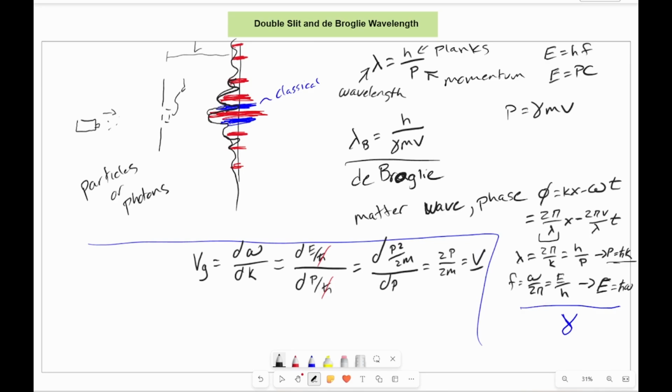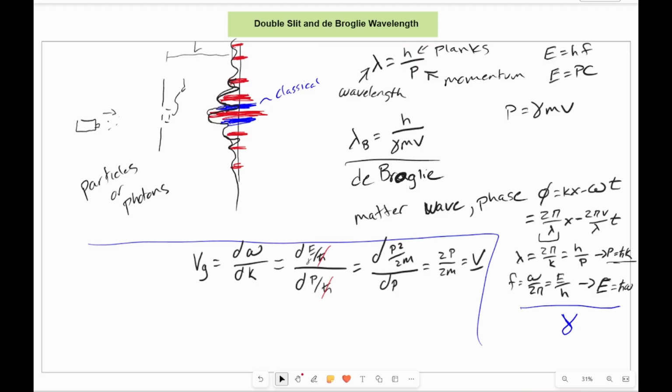And so somebody would say, well, the group velocity of the wave is equal to the velocity of the particle, and everybody's happy there. But I don't understand how they're jumping between the two different energies, because the left side here is the energy of the photon, and then we plugged in the kinetic energy of the particle, whatever.